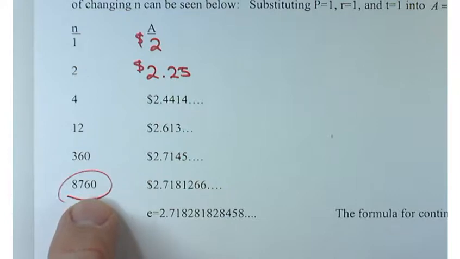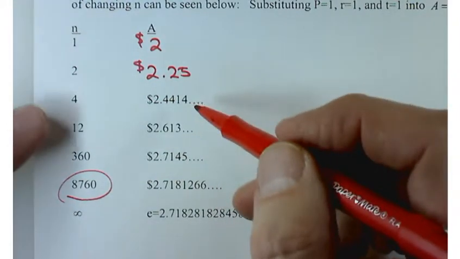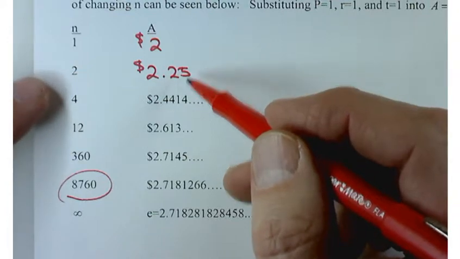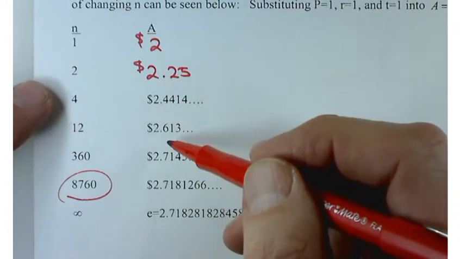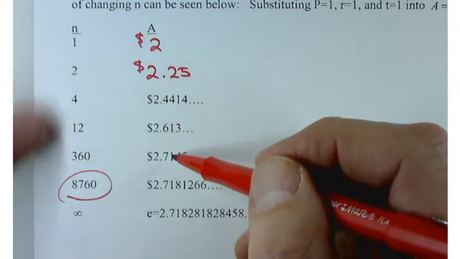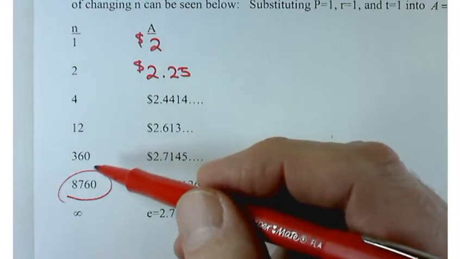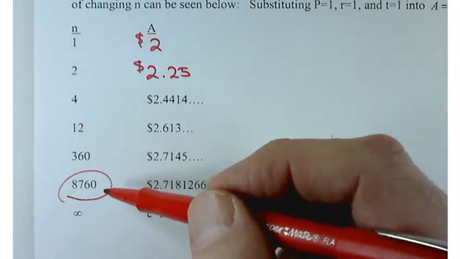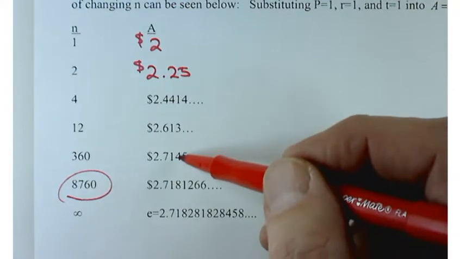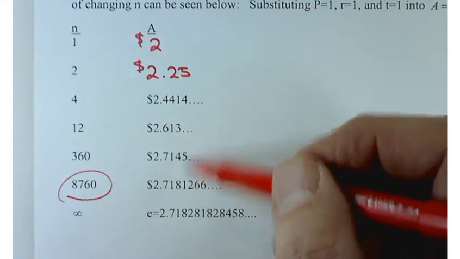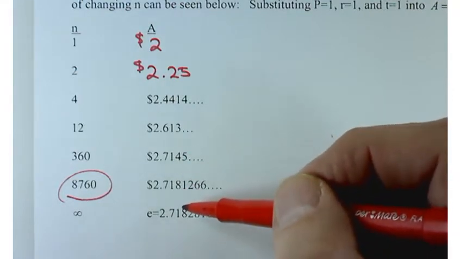Hourly. Every hour you're going to drop interest into your account. So, cool. But if you notice something is slowing down, here I got an extra 19 cents, then an extra 17 cents, then an extra 10 cents. And wow, look at this. Jumping from 360 to 8,760, I didn't even get an extra half penny in interest. So it's slowing down.